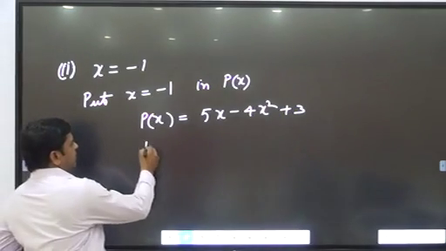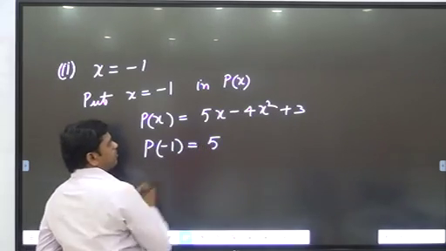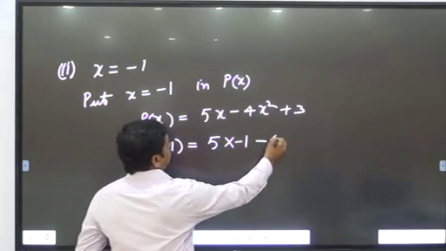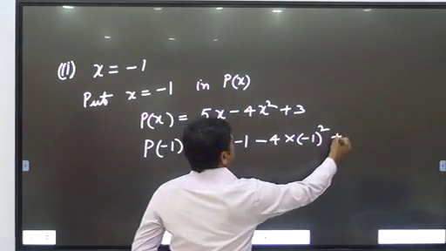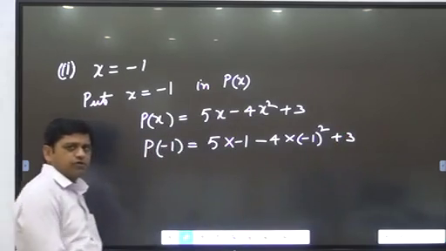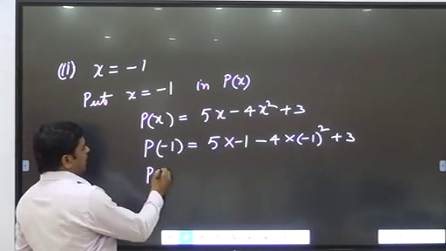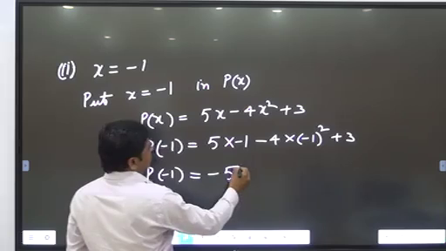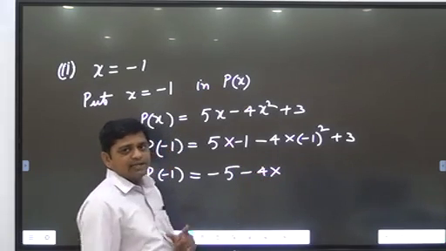So put x equal to minus 1. We have p(minus 1) equal to 5 into minus 1 minus 4 into minus 1 square plus 3. So students, solve it and find the value of the polynomial at minus 1. It is 5 into minus 1, minus 5, and minus 4 into, so what is the square of minus 1?